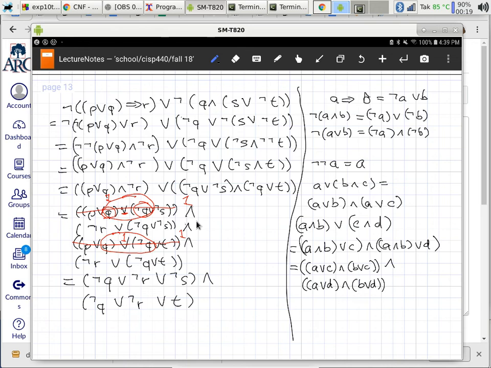I did a cross product. So I look at this whole thing as A, B, C, and D, and then I apply this cross product thing to end up with those cross products.